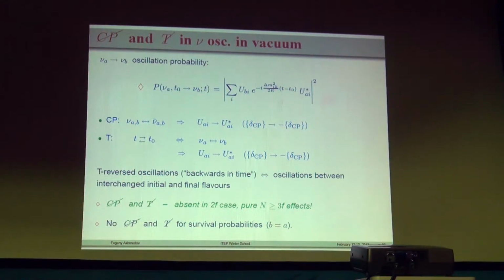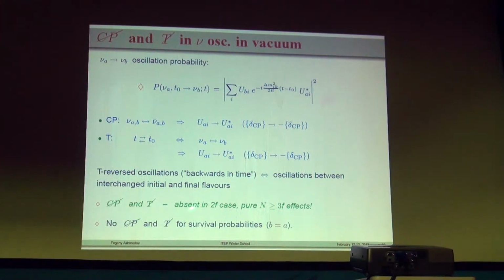Any reasonable theory which is Lorentz invariant, local, and has the right connection between spin and statistics, and we have based our calculations on such a theory, any such theory should be CPT invariant. And therefore CP conjugation should be equivalent to time reversal, which is exactly the case as we have seen now.